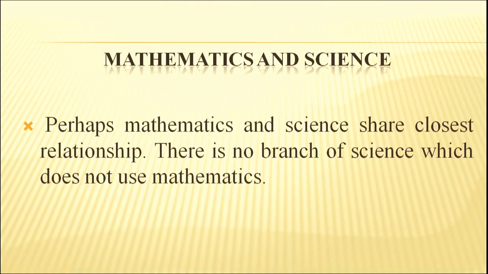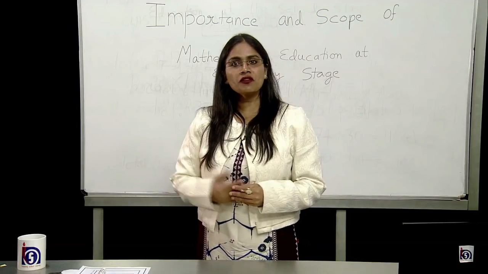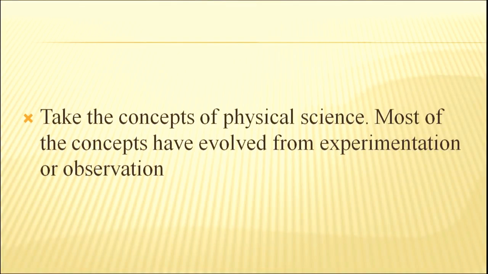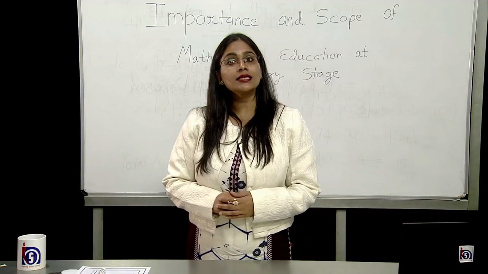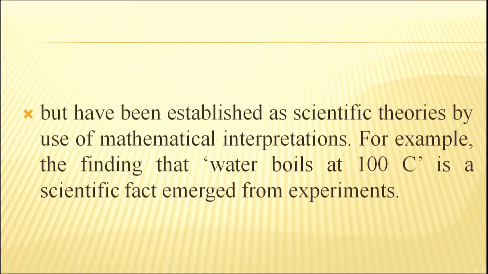Mathematics and science share a close relationship. There is no branch of science which does not use mathematics. Take the concept of physical science. Most of the concepts have evolved from experimentation or observation, but have been established as scientific theory by use of mathematical interpretations.